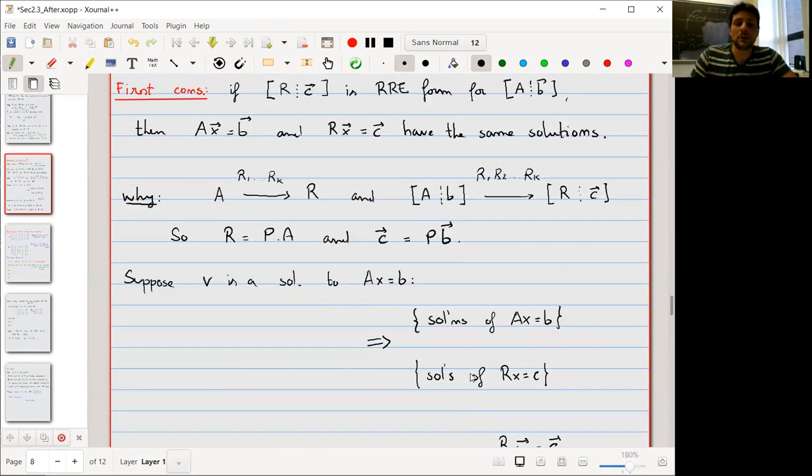Now, suppose that we have a solution to the linear system AX equals B. Call the solution V. Then we know that A times V is equal to B. If this is true, then we can multiply both sides by P and get P times AV is equal to PB.